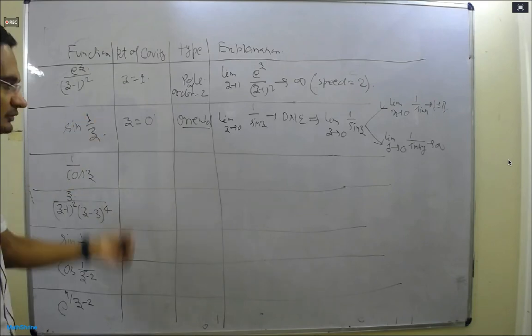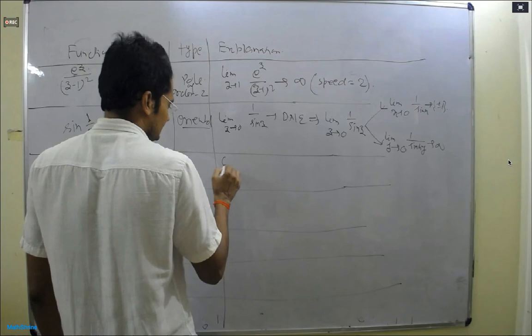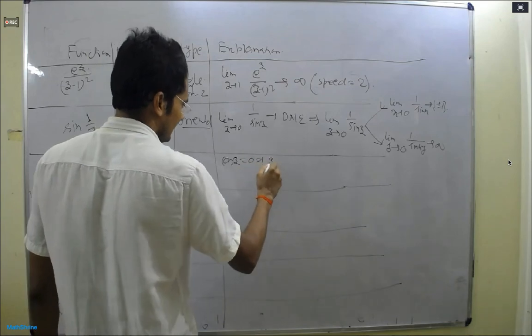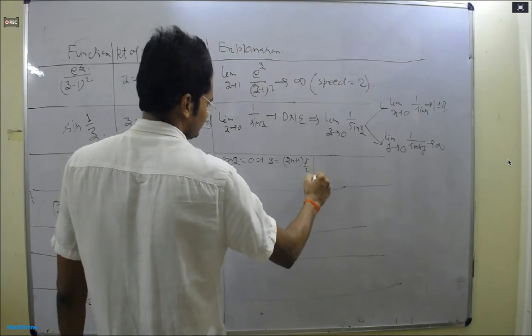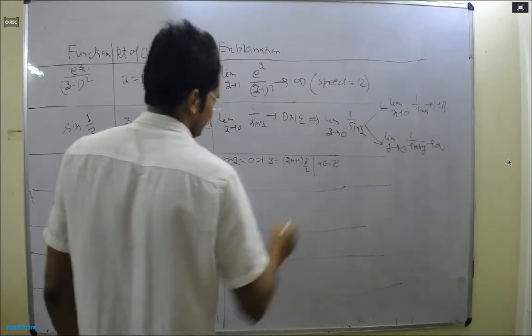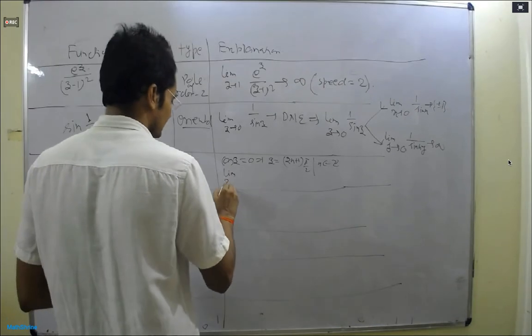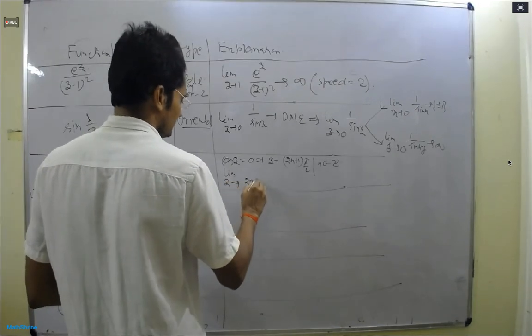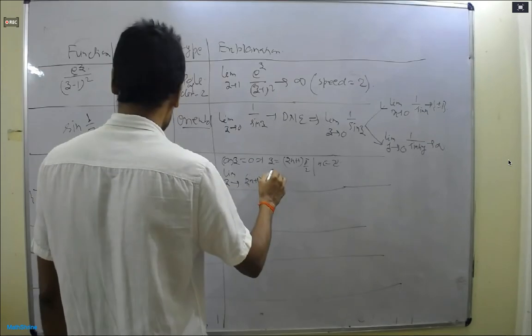Cos z is equal to 0 implies z is equal to 2n plus 1 pi by 2, n belongs to the integers. So the limit z tending to 2n plus 1 pi by 2 of 1 over cos z tends to the infinity.